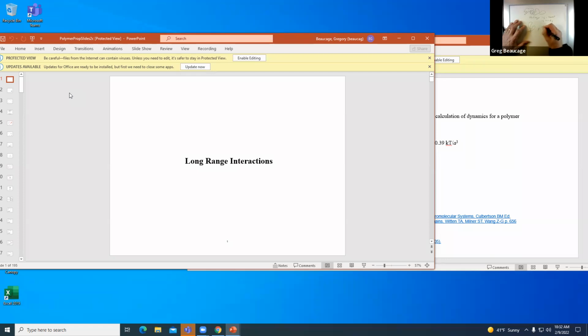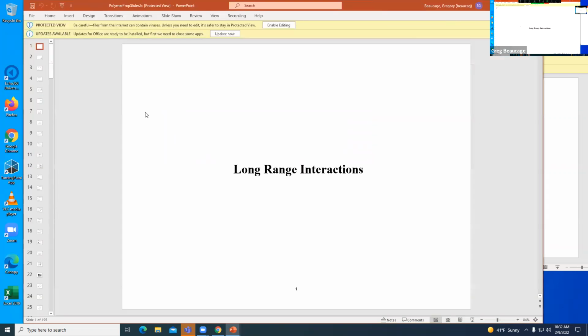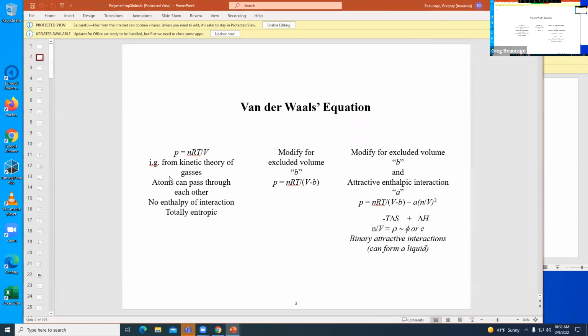We said the probability was like the energy of the chain over kT gives us the probability of the, in order to get our Gaussian chain distribution. Oh yeah, I should say this first.